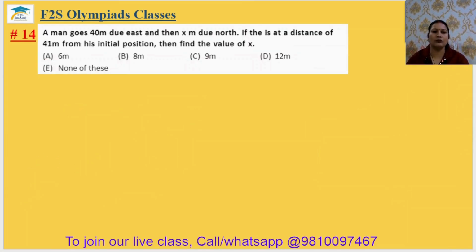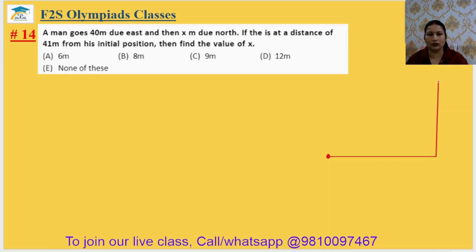Come to question number 14. A man goes 40 meter towards east. So we know this is the origination point, and towards east means in the right direction. Okay, let's go in the right direction. Then X meter due north. North means upward direction.